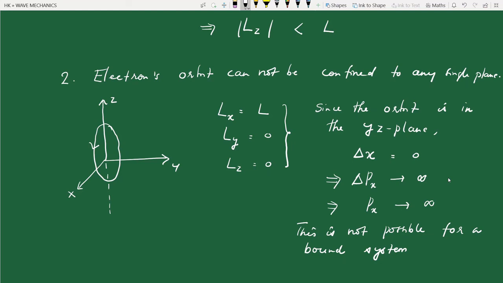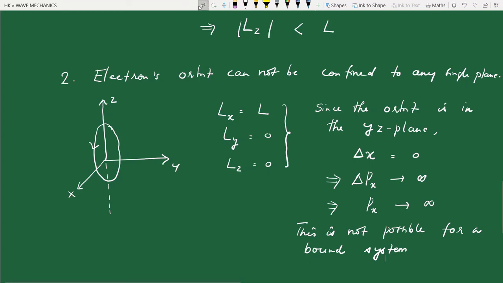And another point that we can notice is that whenever the electron's orbit is confined to a single plane, the total angular momentum will be equal to the component perpendicular to that plane, naturally, because the angular momentum direction is always perpendicular to the plane of the orbit.